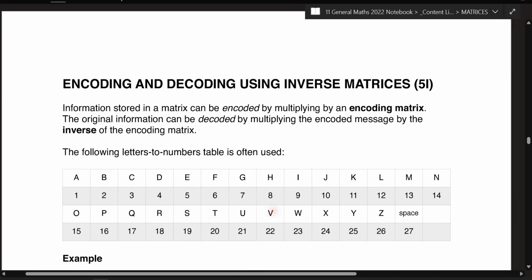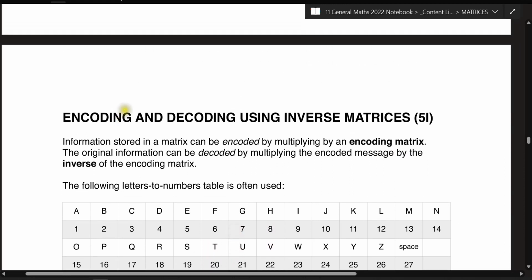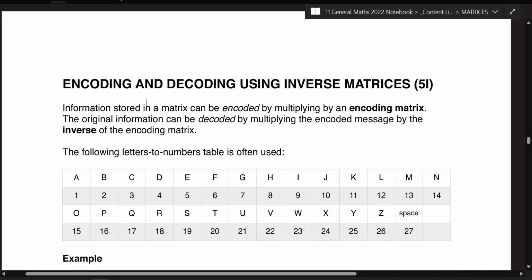Because there are some practical or real world applications where these matrices, and what it says here, encoding and decoding, are used when it comes to cybersecurity, for example. I won't go through that, but let's just go through the maths and the matrices of the idea behind encoding and decoding using an inverse matrix or inverse matrices.